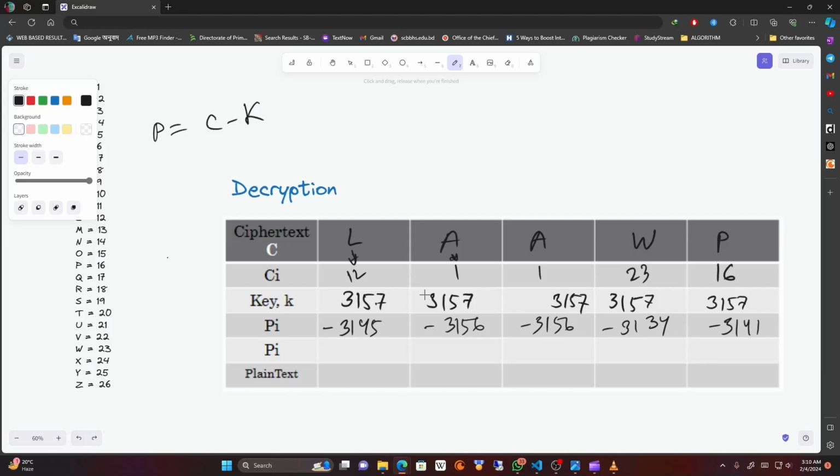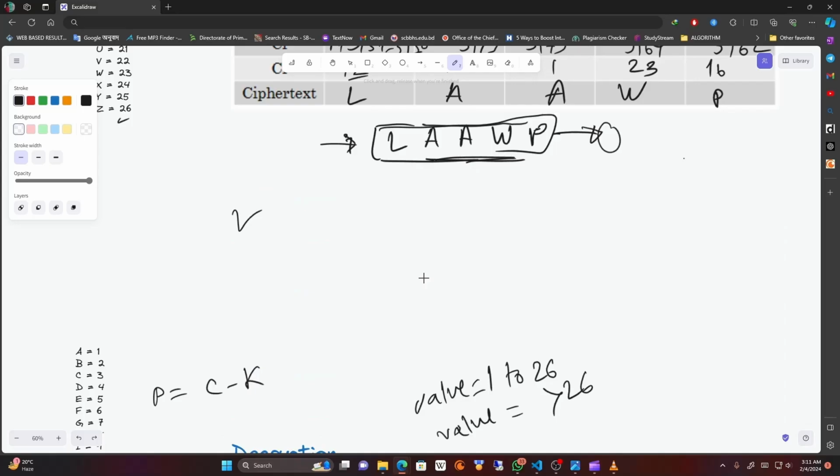Previously we knew that if this value is between 1 to 26, we know how to find the answer. We just need to write down the letters of those indexes, and we'll get our plain text. If our value becomes greater than 26, we learned how to do that in our encryption process.